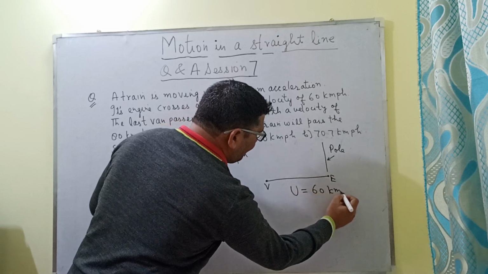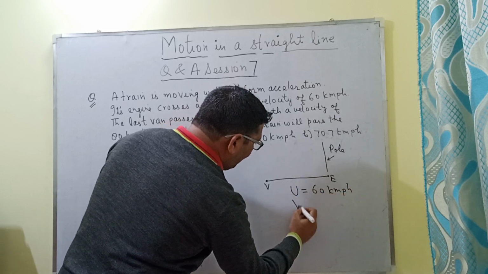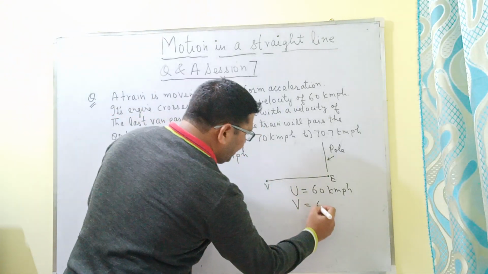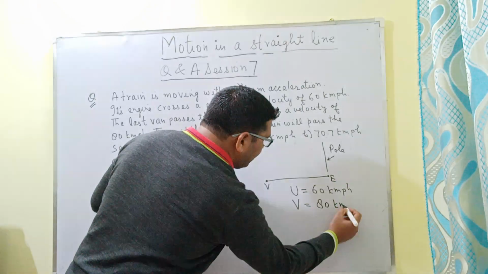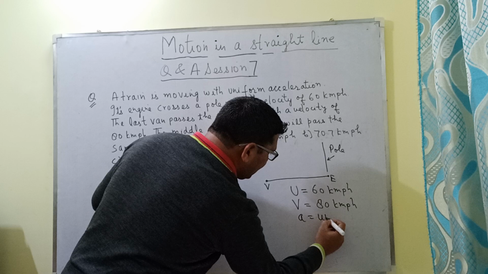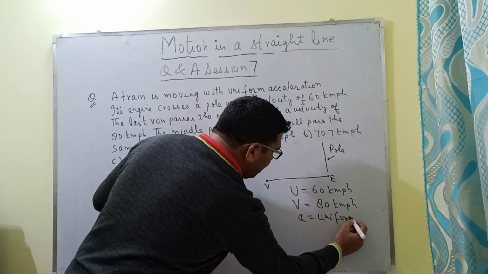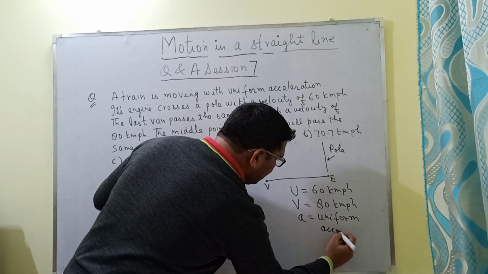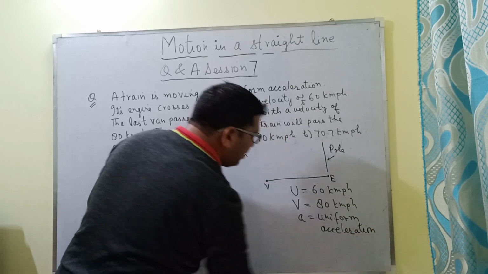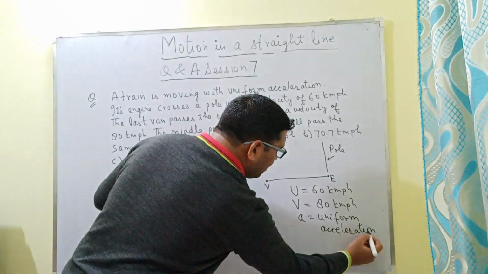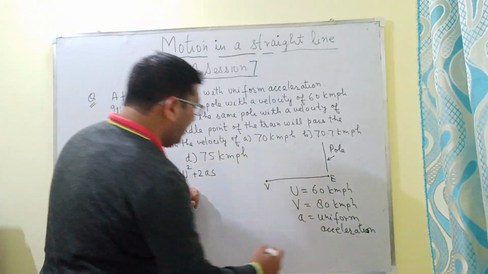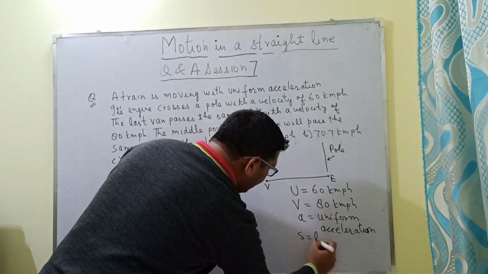Here, the initial velocity u can be taken as 60 km per hour. V, that is the final velocity, can be taken as 80 km per hour. A is the uniform acceleration of the train, and S is the length of the train.